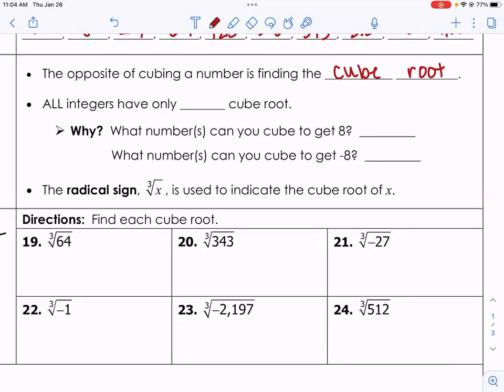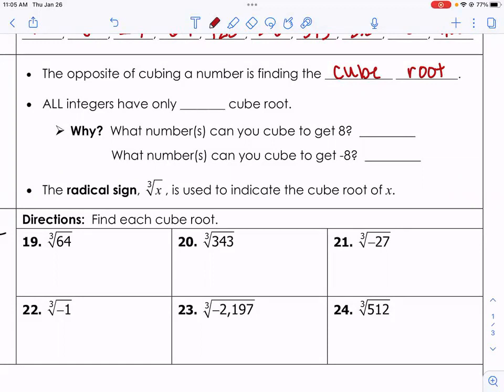Now on our radical sign, there's a cute little 3. That's how we decide the difference between a square root and a cube root. A square root's not going to have that little number there, but a cube root is going to have that little 3 right there.